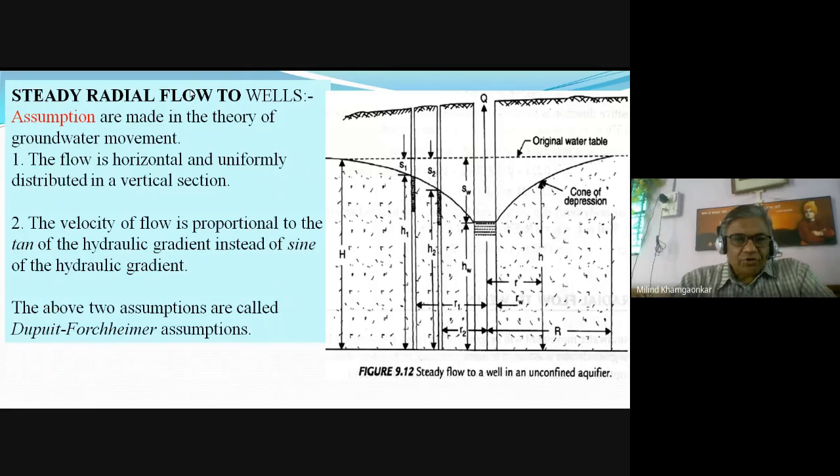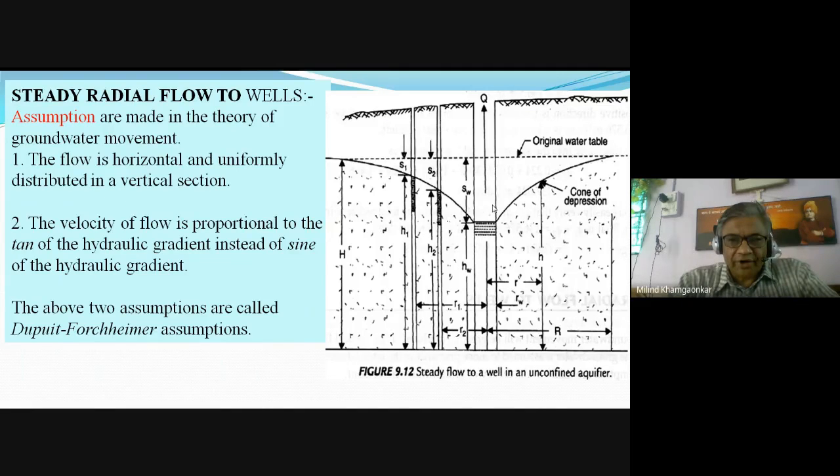So, to derive the equation for finding the incoming discharge Q for the steady radial flow, some assumptions are made. We'll try to understand those assumptions. The flow is horizontal. The flow which is entering the well is horizontal and uniformly distributed in the vertical section.